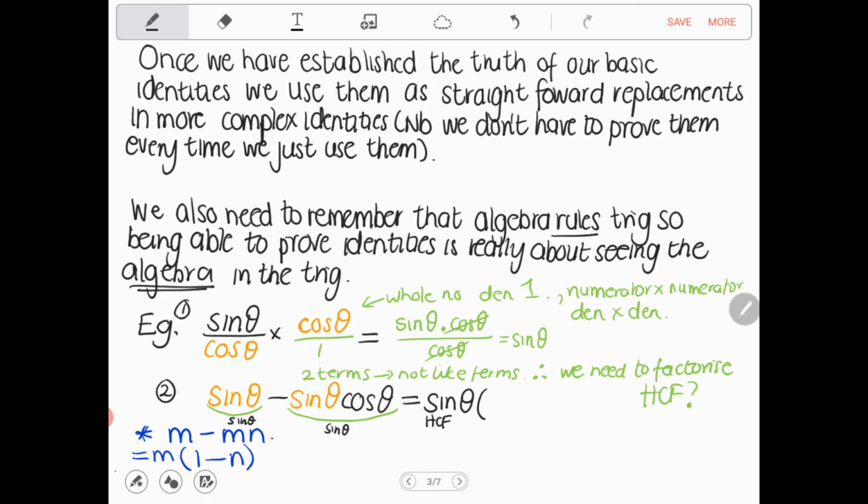Okay, so if we divide sine theta into the first term, everything's going to cancel and you're going to be left with a 1. Okay, and if you divide it into the second term, can you guys see the sine will cancel and you'll just be left with a cos theta. So it's normal factorizing. We're just using the trig like we would be using algebra.